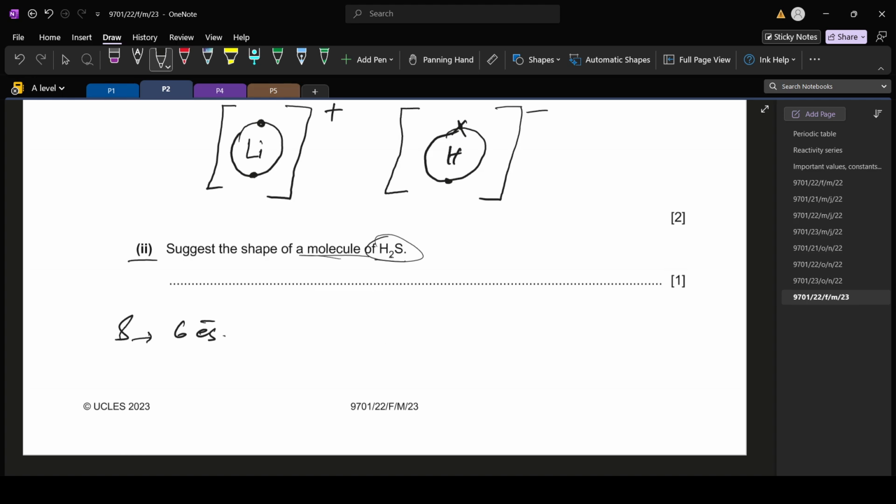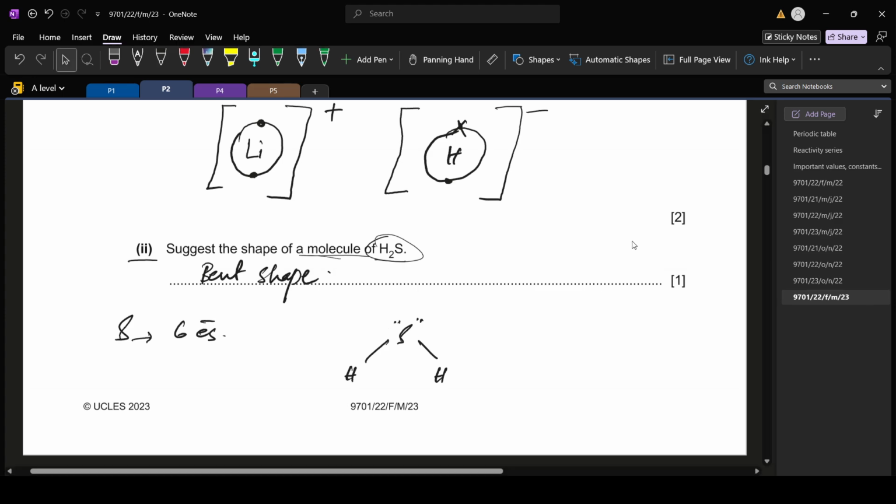Hydrogen forms a single bond, so 2 of the electrons are bonded to hydrogens. Now 4 electrons are remaining, so these 4 electrons will be as lone pairs. So the shape will be like this, a bent shape, or you can say a non-linear shape.